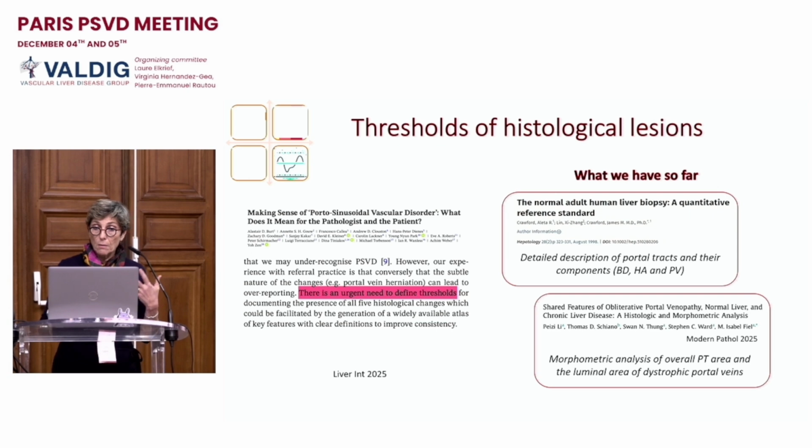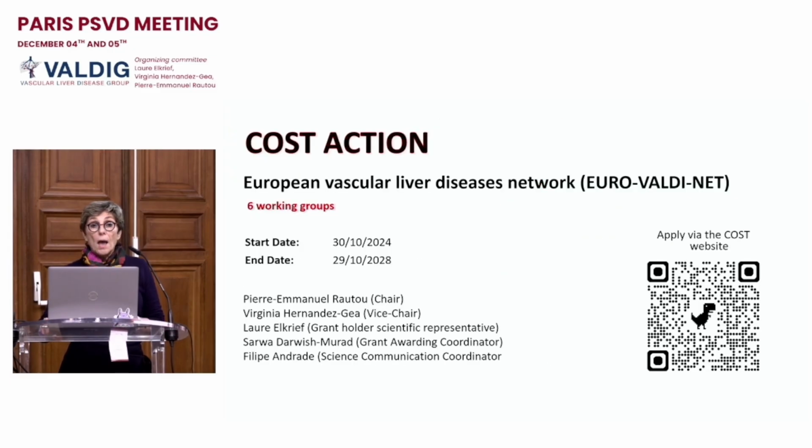And more recently, the group of Isabelle Phil used some morphometric analysis to evaluate the area of the portal tract and also of the dystrophic portal vein in their cohort of patients. But importantly, the initiative of the COST action came at the perfect time to answer this challenge.